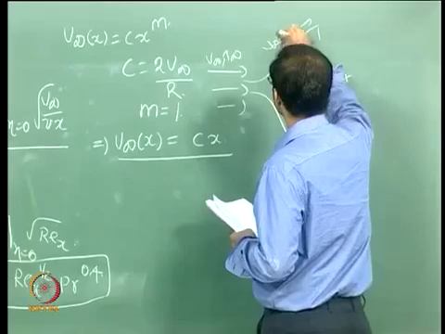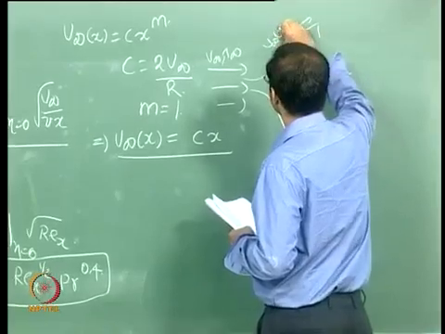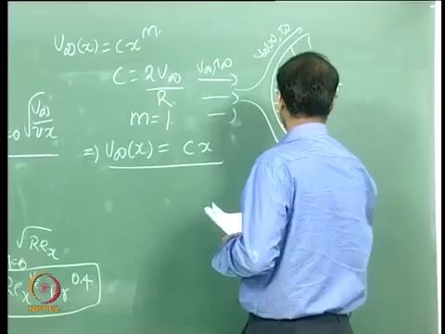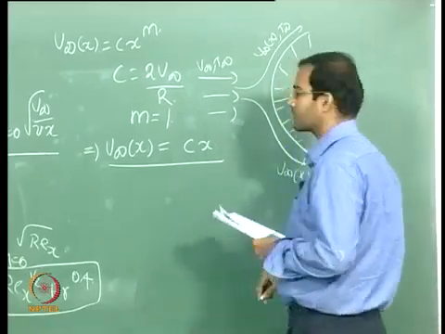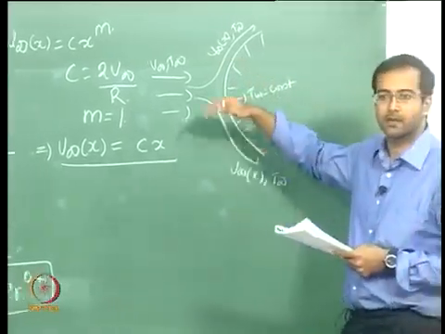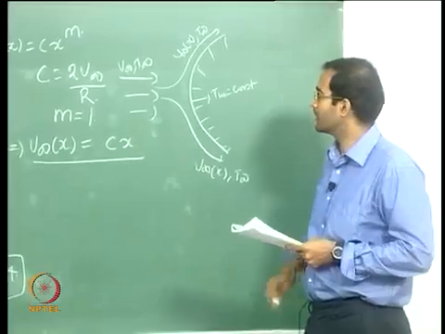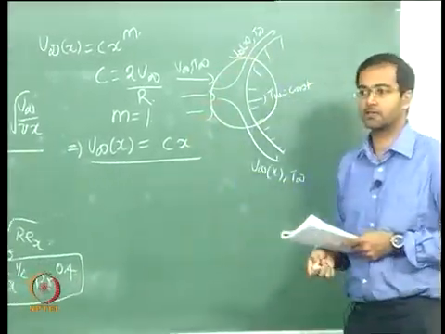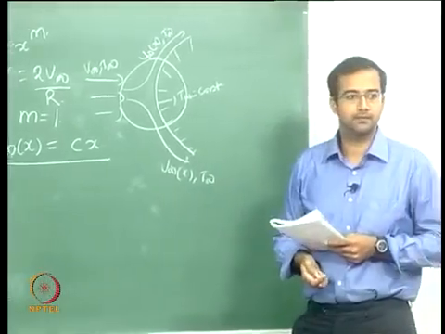Now this u infinity is a function of x here, whereas still it is having some temperature T infinity. So you have a velocity boundary layer and a thermal boundary layer which are simultaneously growing. If you are interested in the stagnation region for the cylinder, what is the variation in the Nusselt number?